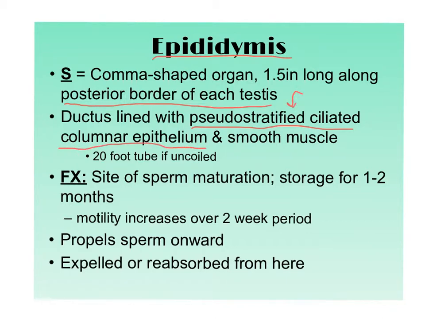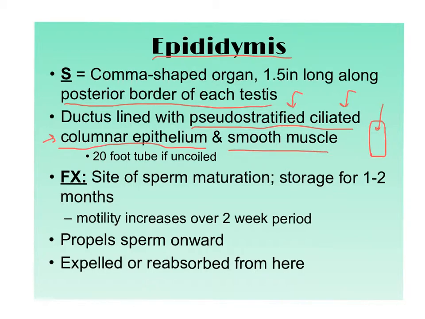Pseudostratified means it looks like there's stacks of cells on top of each other, but they're really not. It's just one single layer of cells. Ciliated means it has those little hair-like structures on the inside surface of it. Columnar means they're shaped kind of like a column. They're kind of long and have a column shape.